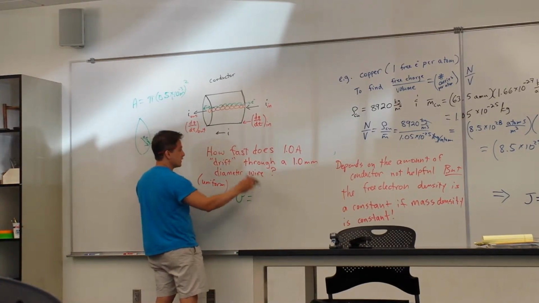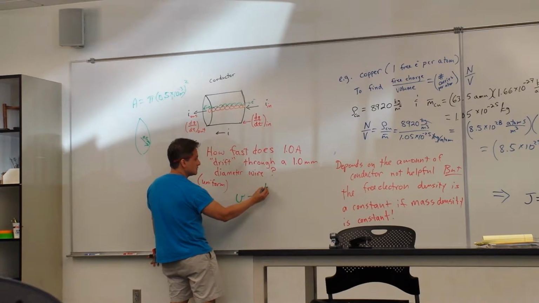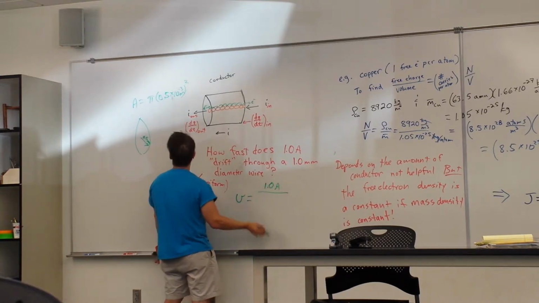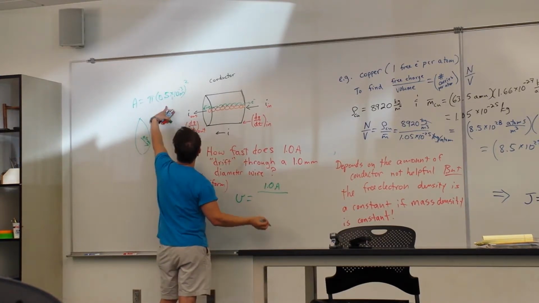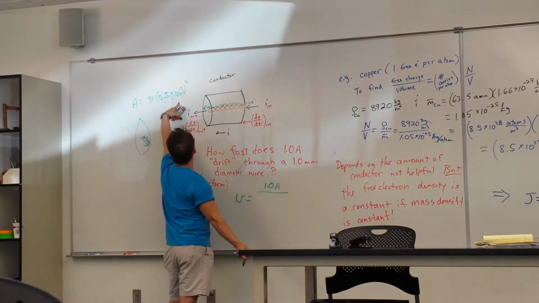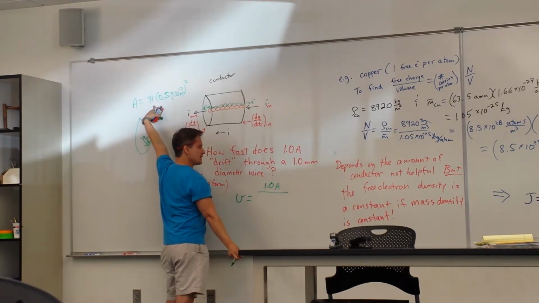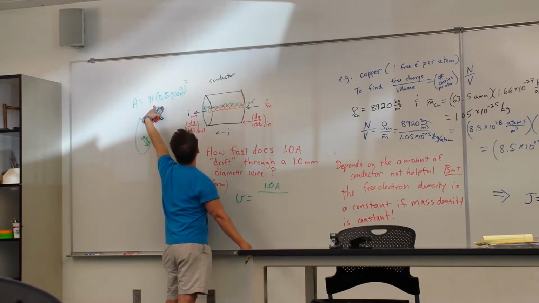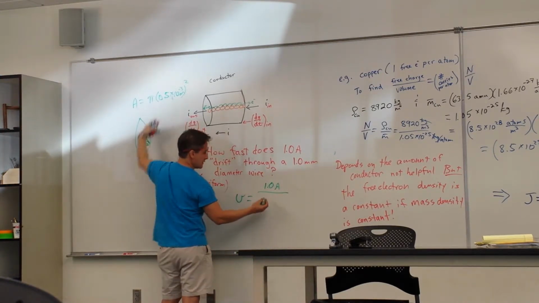And so we have 1 ampere divided by 0.25 times 10 to the negative 6 times 3.14, so 1.6 times 10 to the negative 7?